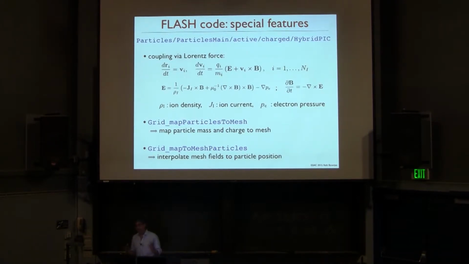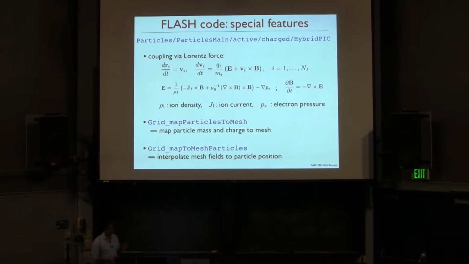So you map the particle properties, in this case the mass and the charge, or actually more the current of the particle, onto the mesh, and you do it also the other way around. You need to accelerate the particles, so you need the mesh information, the magnetic fields and so on.